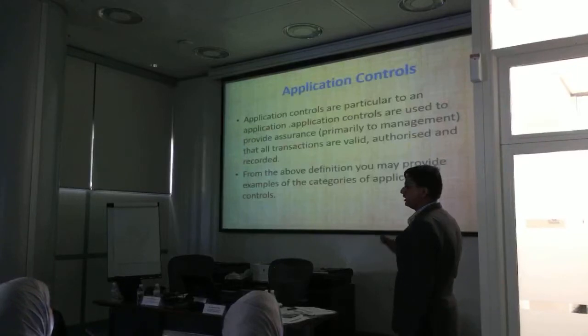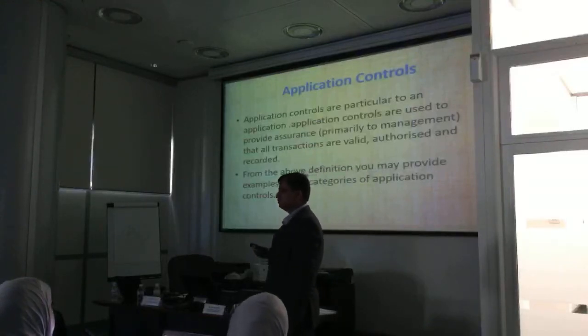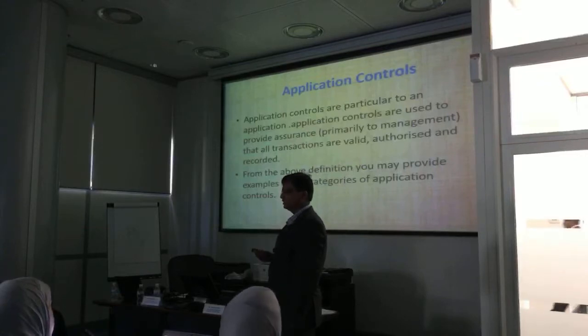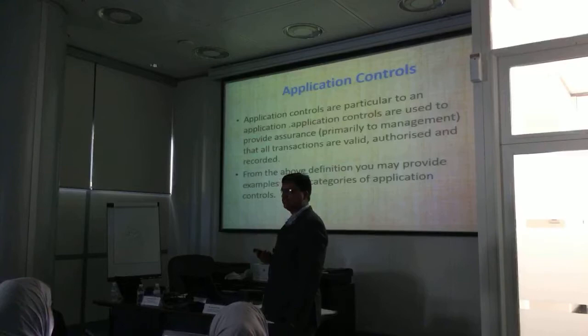During the audit, we start from the general controls. We see whether the system is developed with proper planning, there is documentation, and there is access controls. And for this application control, mostly we find these controls through data analysis.